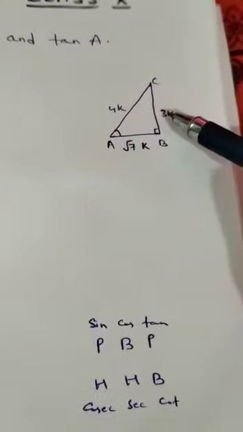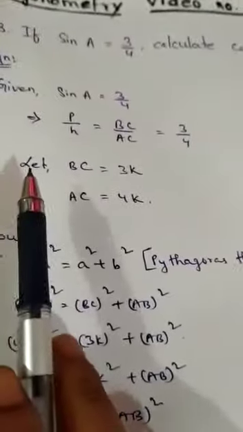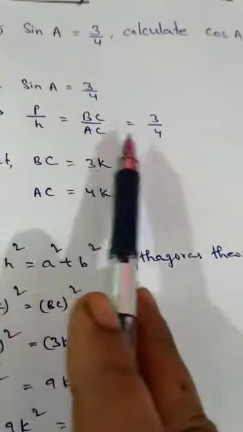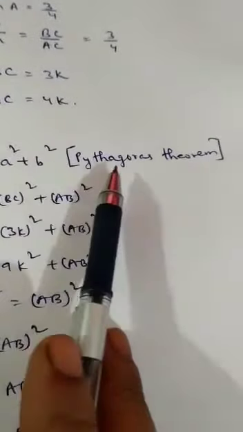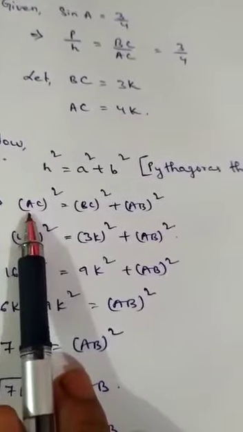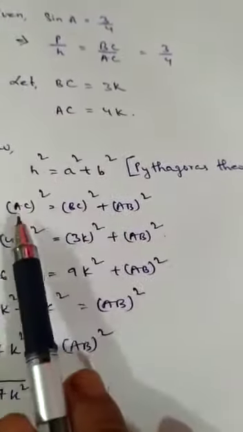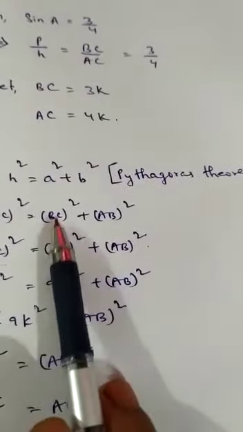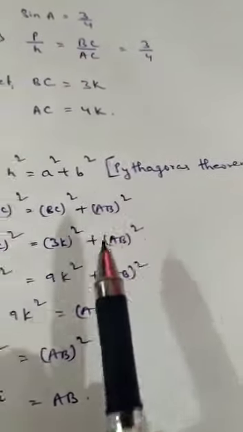Now by applying Pythagoras theorem, we will find the third side. We have assumed BC as 3k and AC as 4k. Hypotenuse is AC square, altitude is BC square, and base is AB, so I have written AB square.